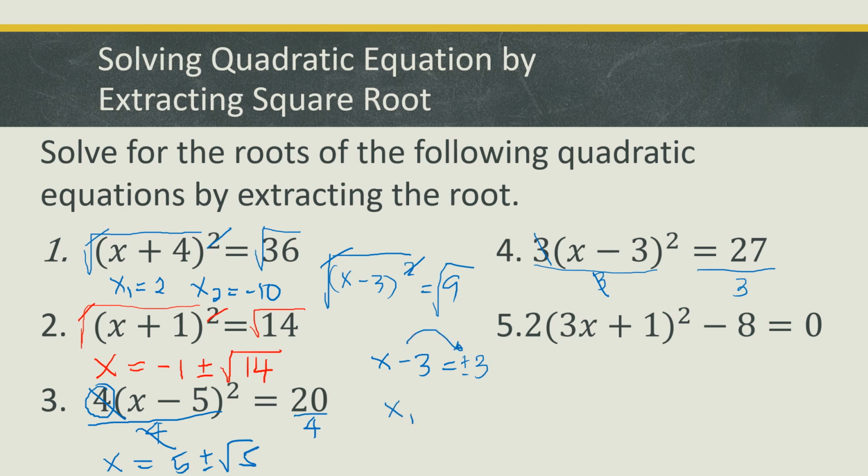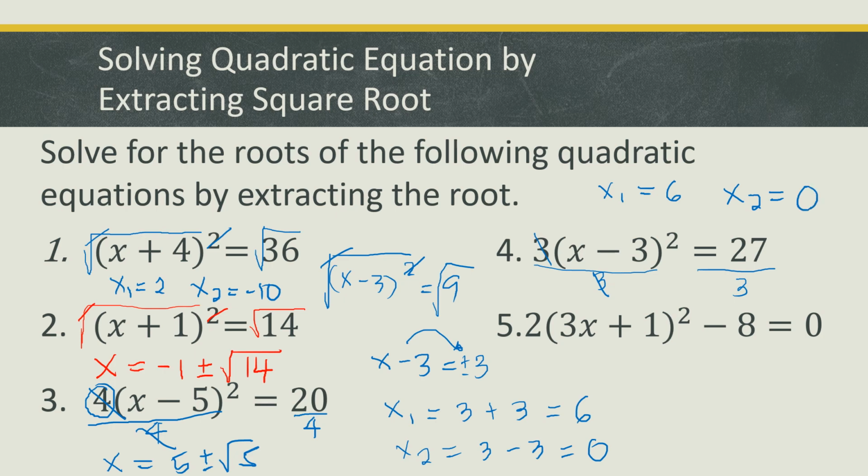We have the first solution, positive 3 plus 3, and the second solution, positive 3 minus 3. First is 6, second one is 0. So we have two solutions. x sub 1 is equal to 6, x sub 2 is equal to 0.